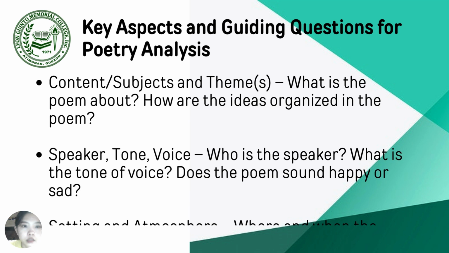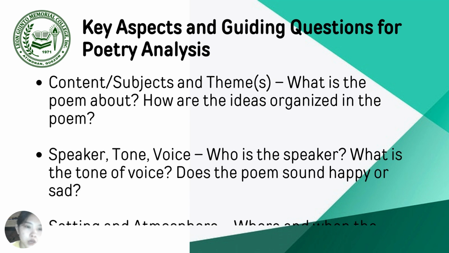And then think again about the feelings, messages, and ideas presented, or even the moral lessons. Then the key aspects and guiding questions for poetry analysis, it includes the following. When it comes to content, subjects, and themes, we can ask our students, what is the poem about, or how are these ideas organized in the poem?